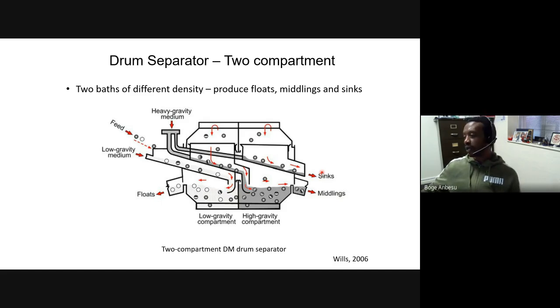Maybe you could go back and do grinding on the middlings to liberate them more and recycle them back. Or you could just produce three different streams with three different options for whether you're sending them for further processing or selling them as a product. It will depend on what you're doing.